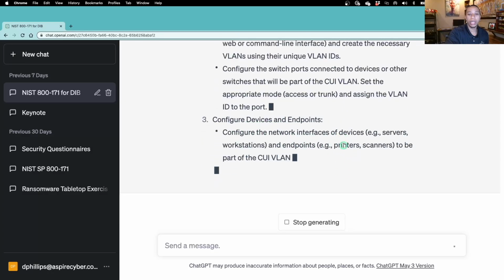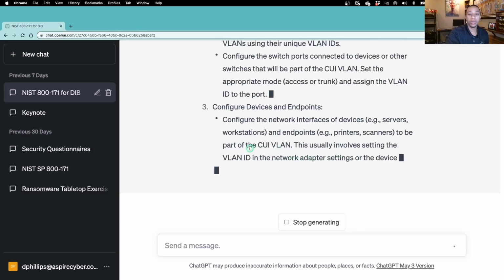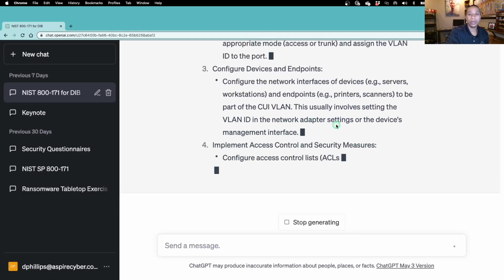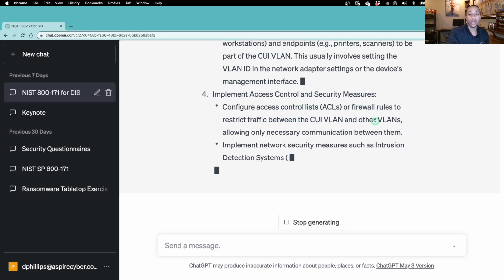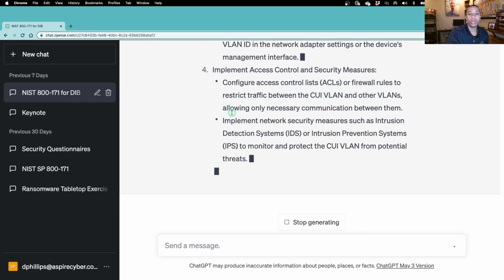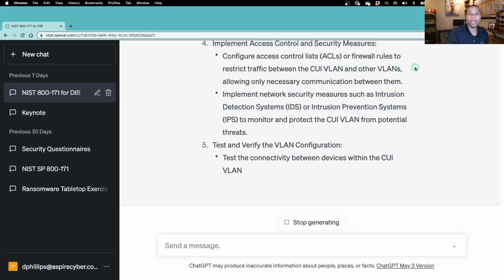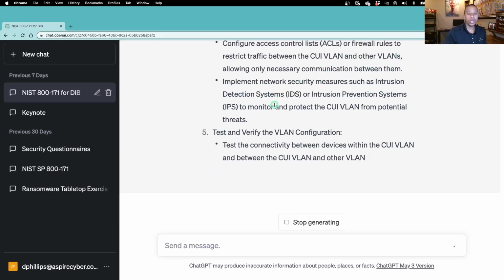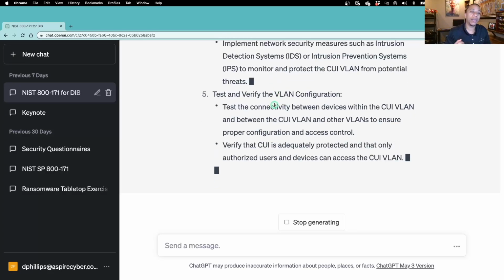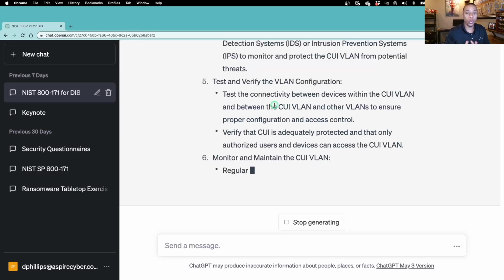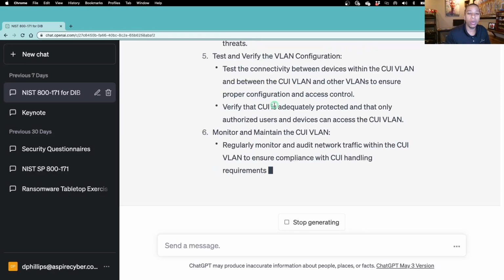Configure our devices and endpoints to be part of that CUI VLAN. Configure the access control list or firewall rules to restrict traffic between the CUI VLAN and other VLANs. So you can have a CUI VLAN, for example, and also an HR VLAN, a finance VLAN, a research and development VLAN. Those are ways you can segment your network logically.